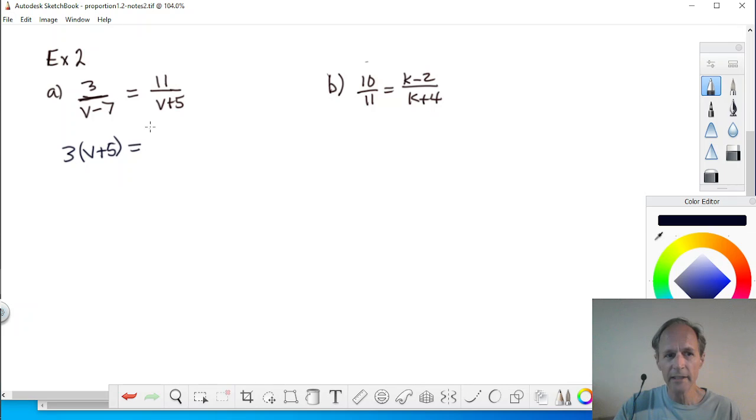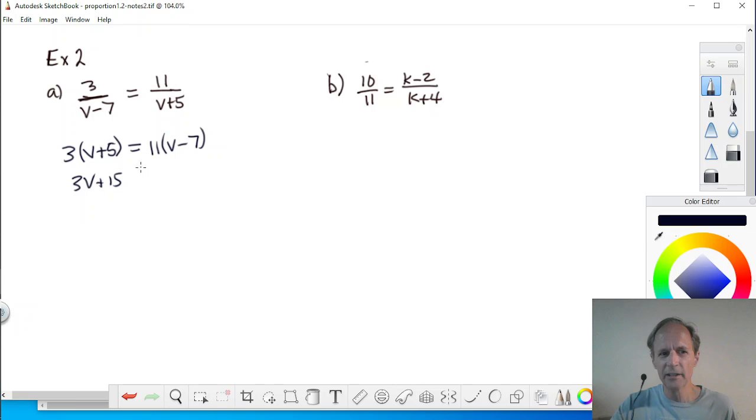So the same thing here, cross multiply, you're going to have 11 times v minus 7 in parentheses. Okay. Of course, you distribute this, 3v plus 15. I've got a cool shade of blue here.